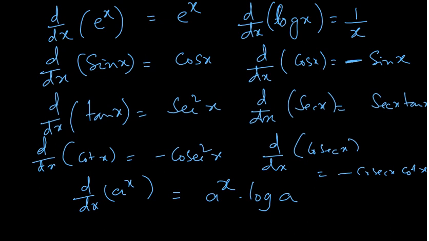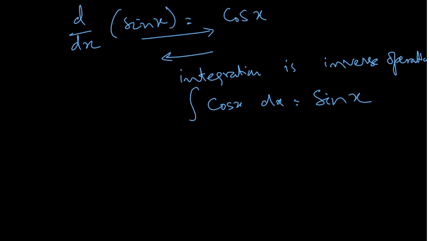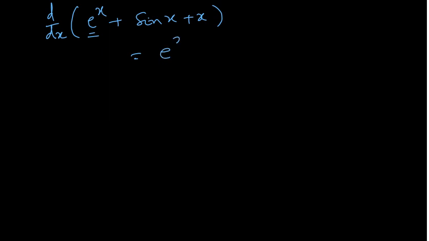Okay, now next part. So this I think we can erase completely, we don't need this. So we will do some combination of what we learned. We are trying to do d by dx of e power x plus sin x plus x. So we refer to the table back. For the first one, same thing, e power x.